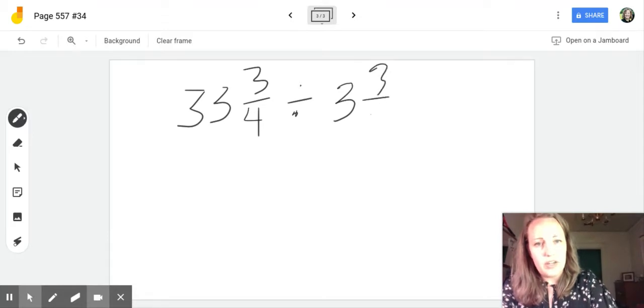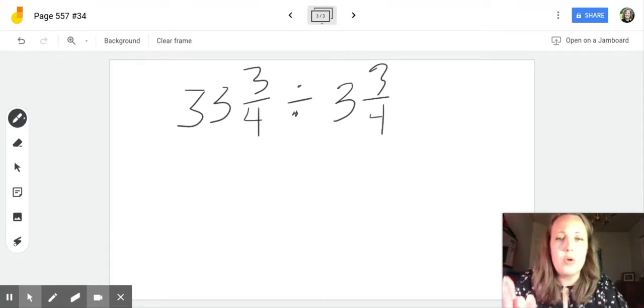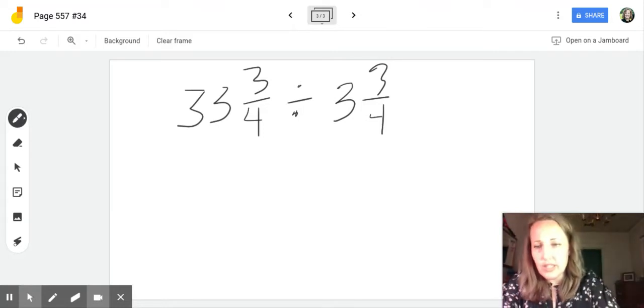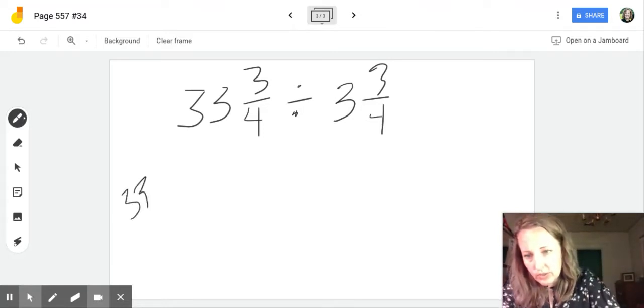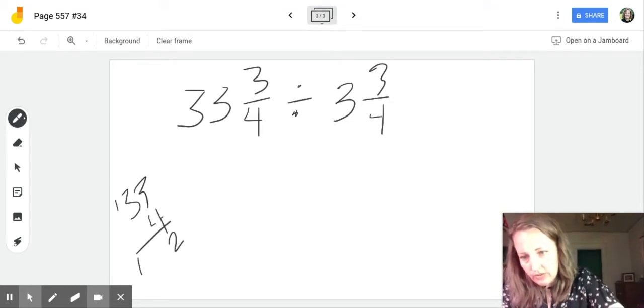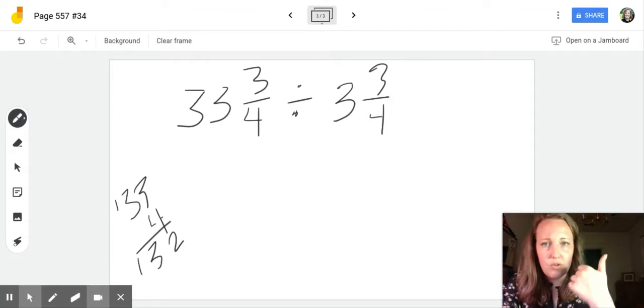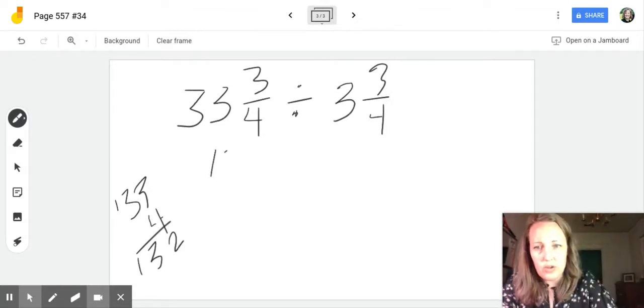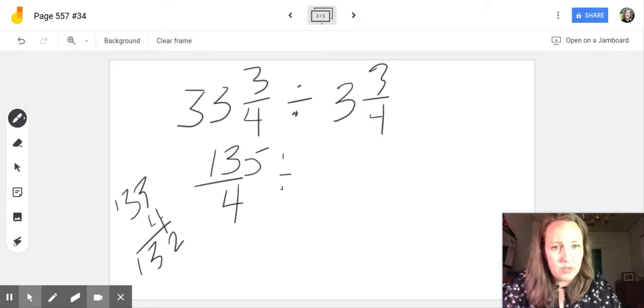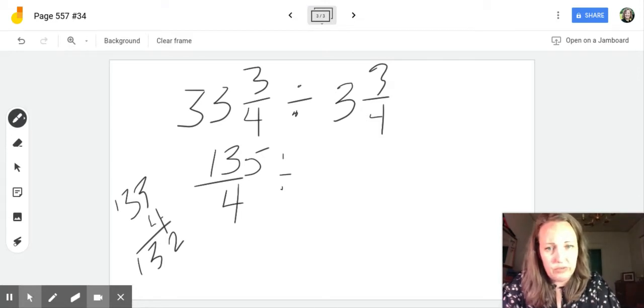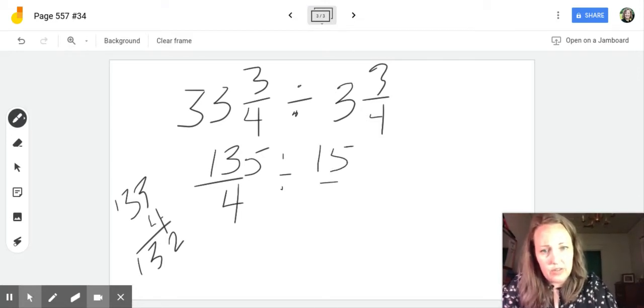Standard algorithm would say, let's make them both improper. 33 times 4, let's work this out. 132 plus 3 is 135 fourths, divided by 4 times 3 is 12, 13, 14, 15 fourths.